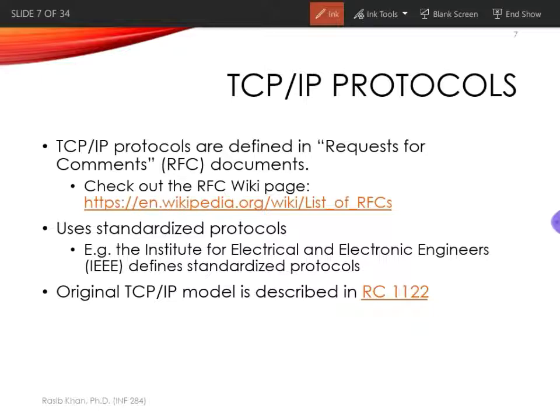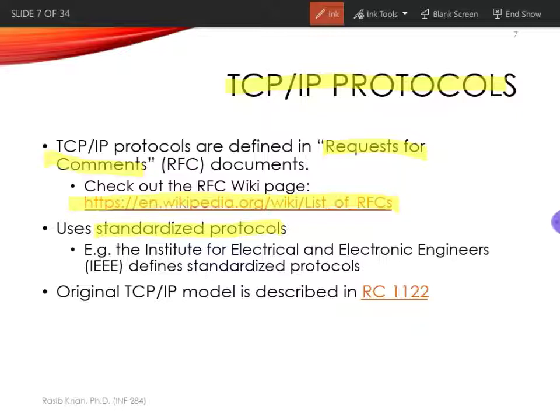So the different protocols which are included in TCP/IP are defined in a set of documents. We call these requests for comments, or in short RFC documents. You can check out the list of RFCs in the RFC wiki page. And the idea is that TCP/IP uses standardized protocols. And in terms of standardization, there are many different organizations which help standardize different protocols.